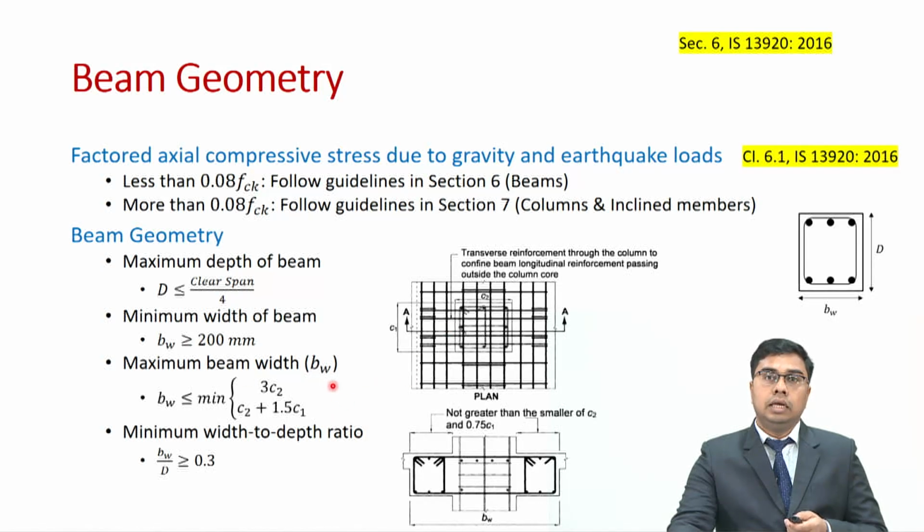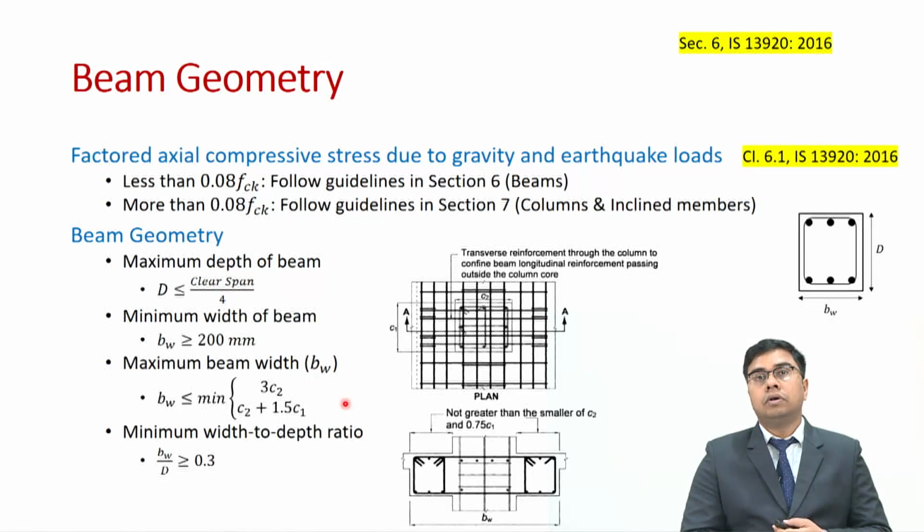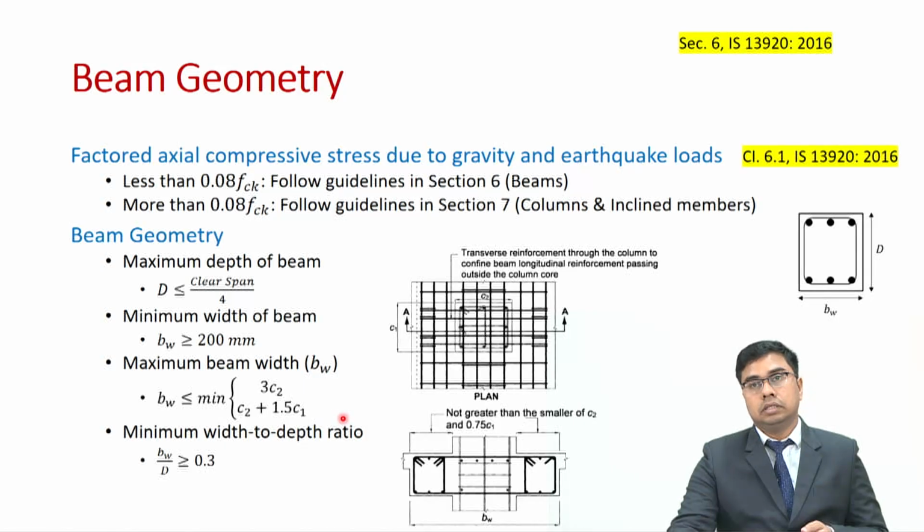However, in view of good seismic performance, I would recommend that you not have beams which are wider than the column dimensions. Though the code permits you up to these values, you should still not have a beam which is wider than the column beneath it.